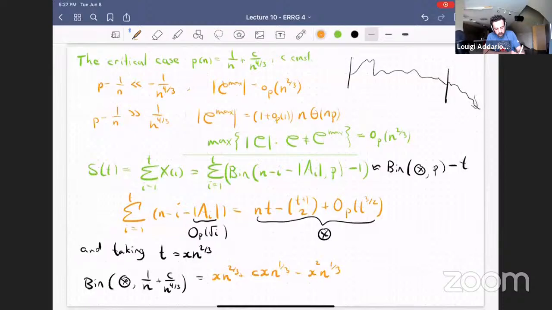Okay, so the fluctuations of this will be of order in probability, basically here the dominant term is NT, and the dominant term here is 1 over N. So multiplying that out, the first order is T, so the fluctuations will be of order T to the 1/2, which is x to the 1/2 n to the 3rd.